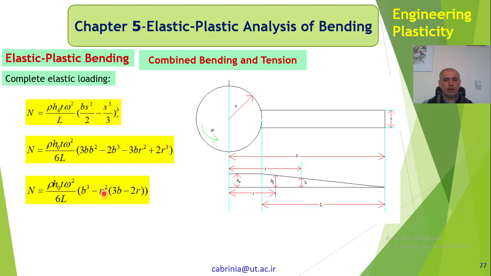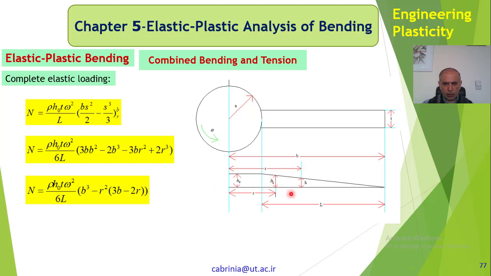Here you can see, let's see what the constants are. Rho is constant, H0 is constant, t is constant, omega is constant, L is constant, and B is also constant. The only thing changing here is R. So if I put R in here, I get section H2.